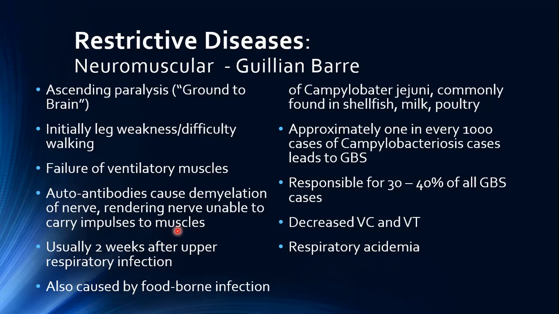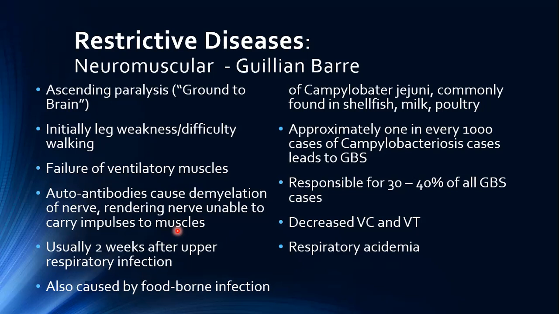It's usually 2 weeks after an upper respiratory infection. That's usually what happens or brings it on. You get some type of upper respiratory infection, and then a little bit later, your body starts making these autoantibodies, which latch on to the nerves, right? The brain nerves, and they render the nerve unable to carry impulses to the muscles. So your respiratory muscles aren't able to function, right?